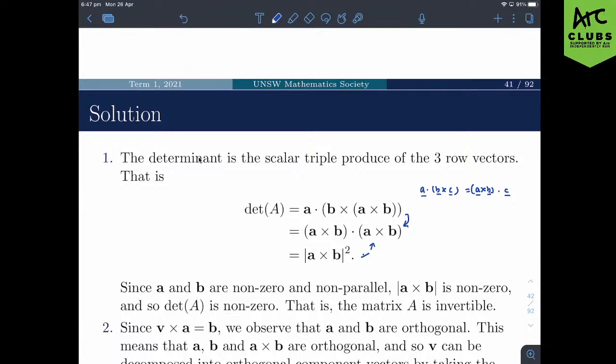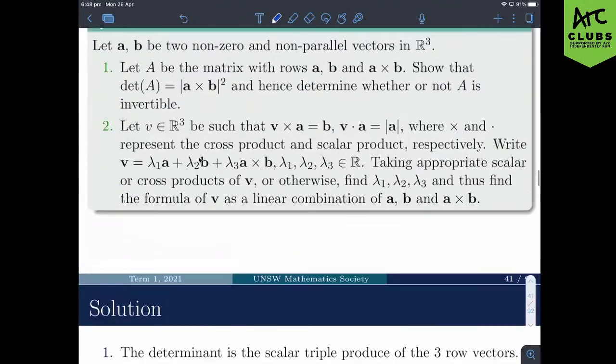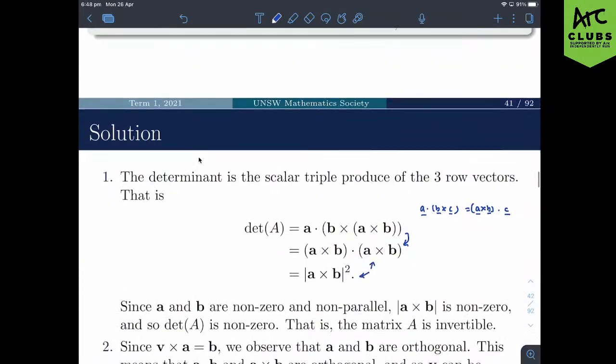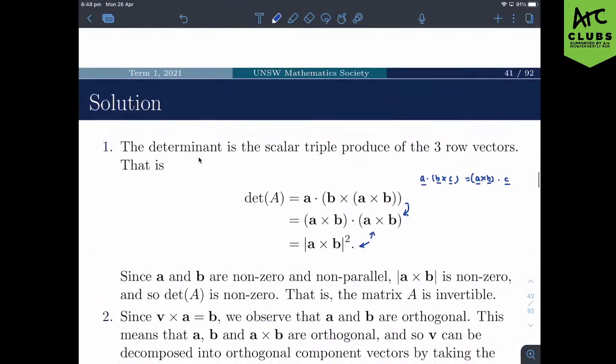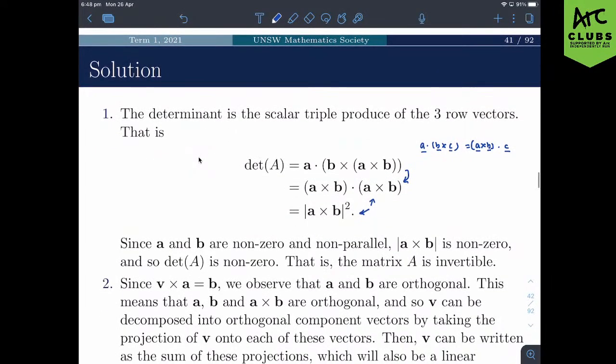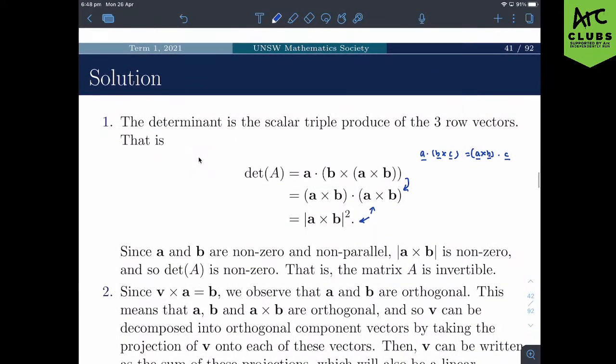And so we've proven what we were asked to prove. Now we want to determine whether this matrix is invertible. The cross product of 2 vectors is 0 when either one of the vectors is 0 or when they are parallel.